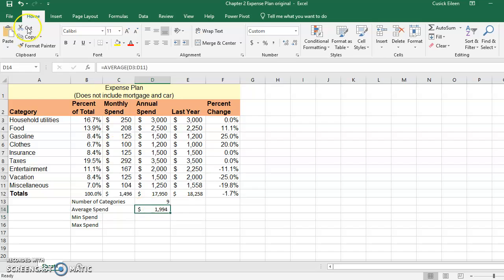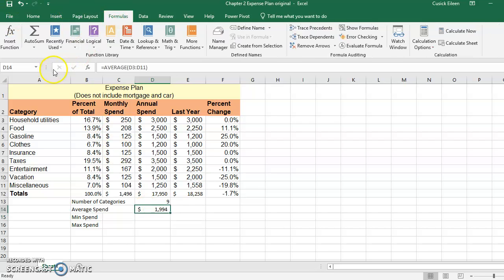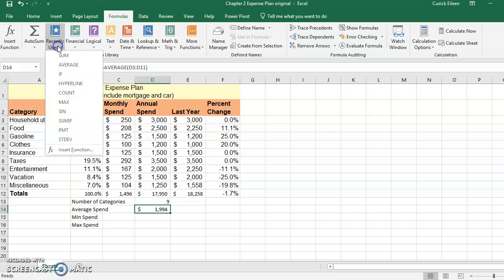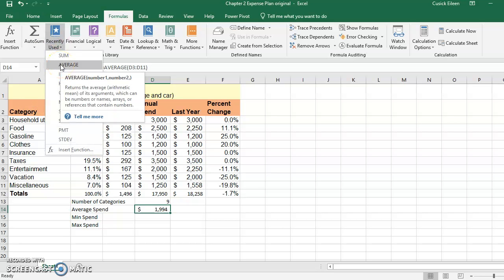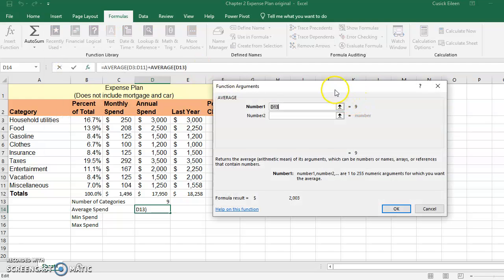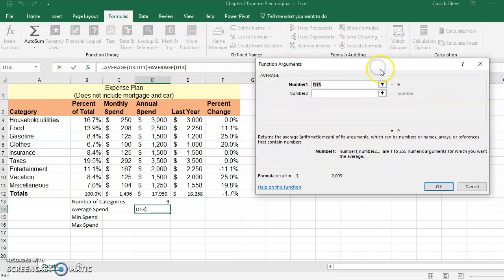Another way to find these is if you go into Formulas, and we have all sorts of possibilities in here. We have our AutoSum, we have the formulas we were looking at, and recently used. I could click on average. In this particular case, I could set up in here what it is that I want to average.